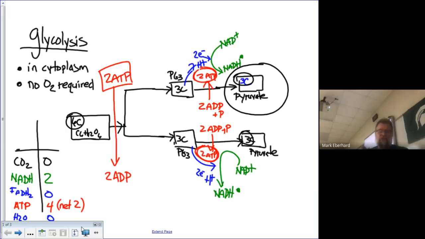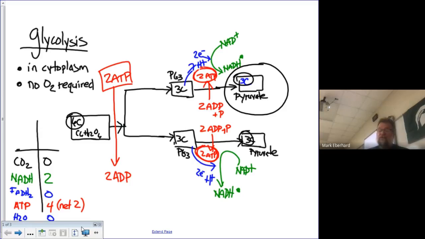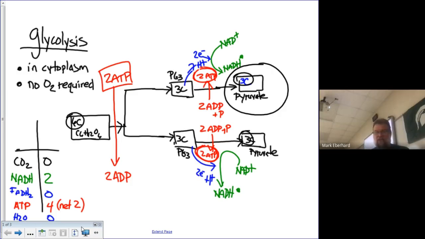Reminder, those reduced NADH molecules contain the electrons that used to be in the bonds of the sugar, and they contain some of the hydrogen that used to be in the sugar. Along with those electrons and hydrogen, the NAD is holding on to some of the energy that used to be in the sugar. So keep thinking of NADH and FADH2 as electron or energy carriers. That's where the energy is.